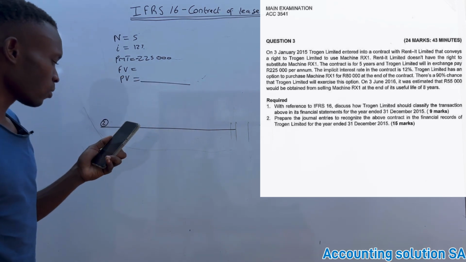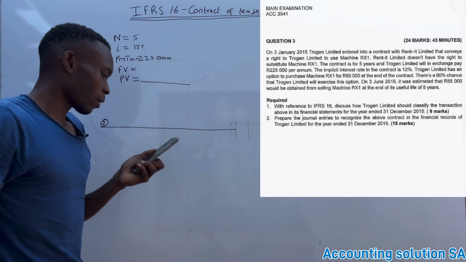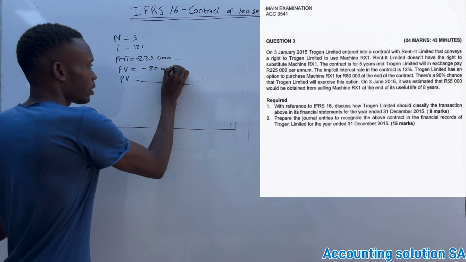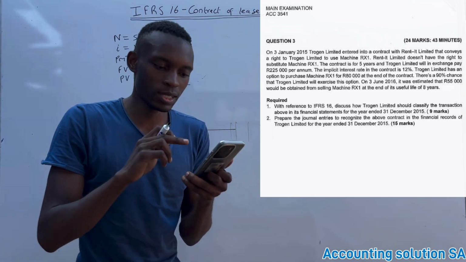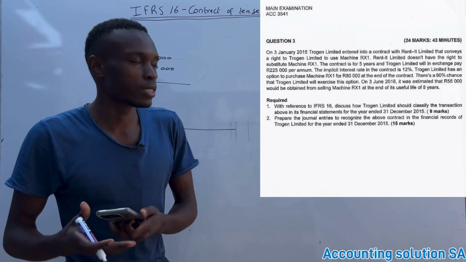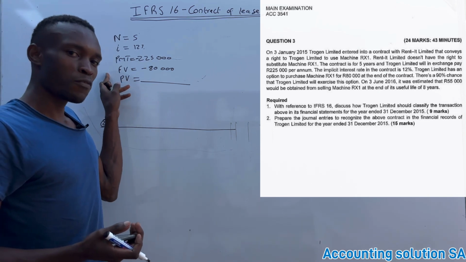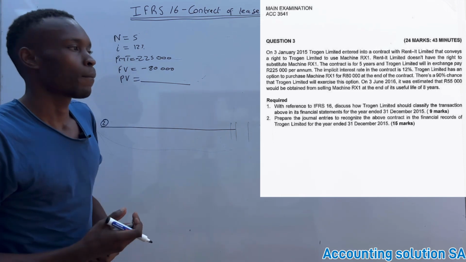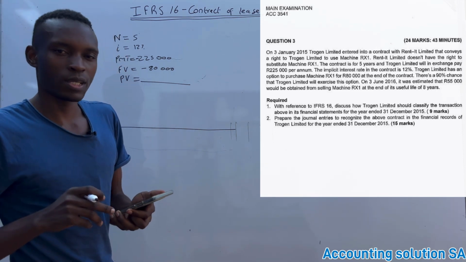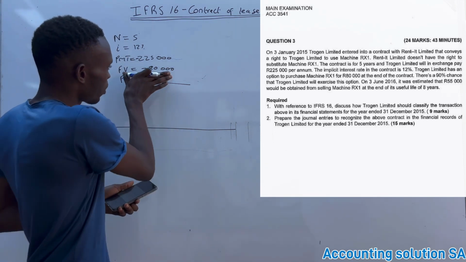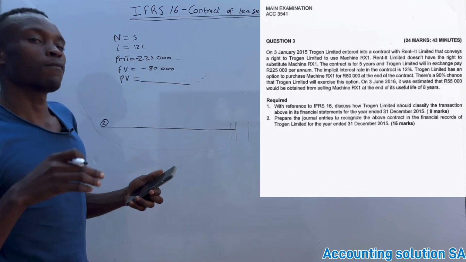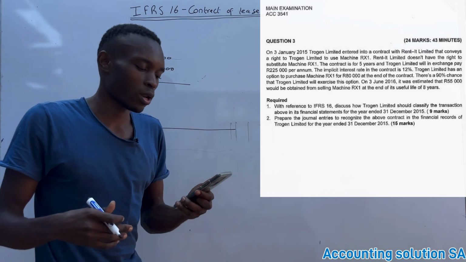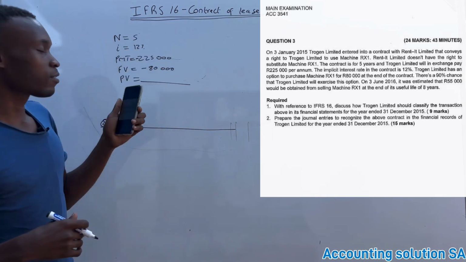Then the future value, in this case, because we have an option to purchase for 80,000 and the chance is more than 50%, because they say that there's a 90% chance, which means that we must have a future value that we are going to pay at the end of this lease contract. But if the chance was 20%, or below 50%, you were not going to have your future value, because the chance of buying this machine at the end of the lease term is very low.